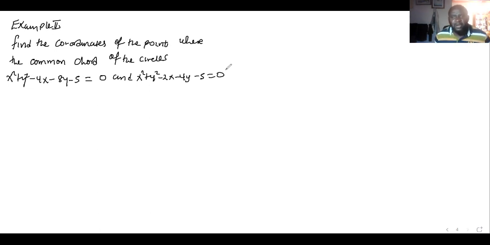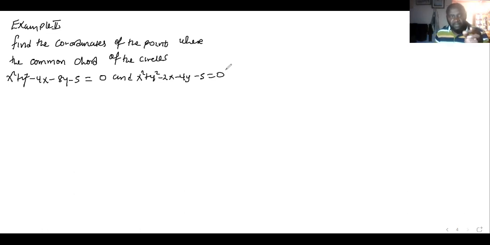Someone may say, but teacher, all the numbers you're doing have x squared, y squared. If one circle has 2x squared, 2y squared, make sure the coefficients are the same. Methods of solving simultaneous equations: you either multiply through or divide through. But the essence is to eliminate x squared and y squared. So how you eliminate it, it's up to you.